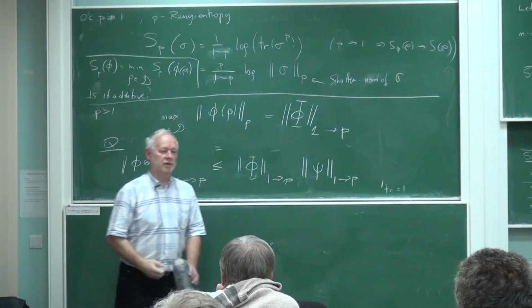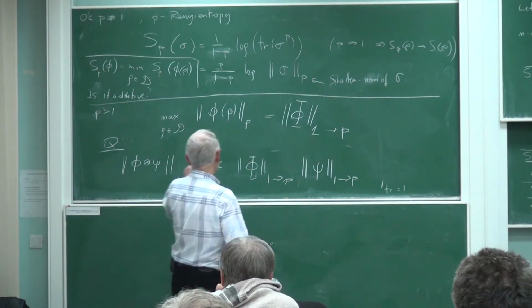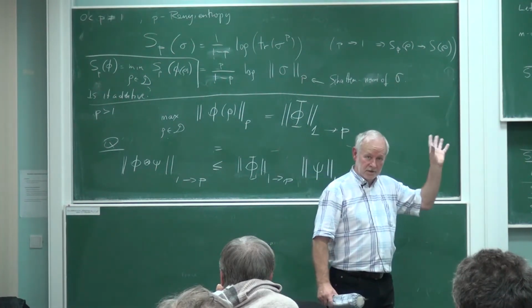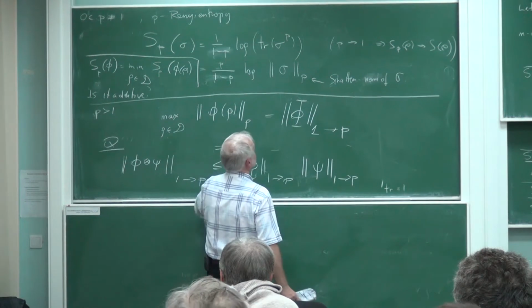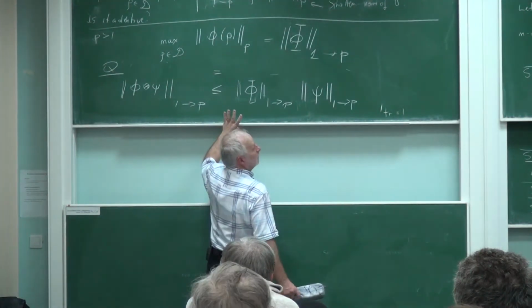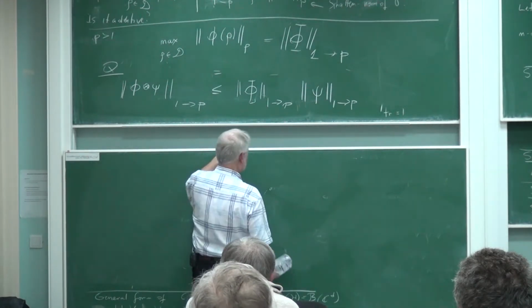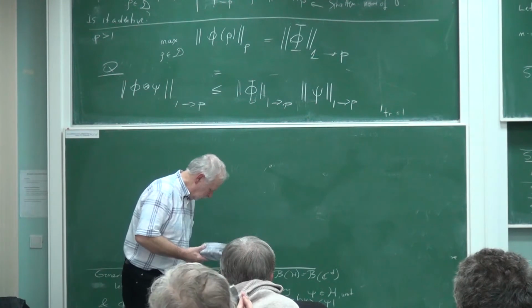Okay, so at this point we have a clean functoriality question. The only thing we have to know is that phi and psi are completely positive maps, because if they are just any maps, this is badly false, which is maybe not that obvious, but not that difficult.